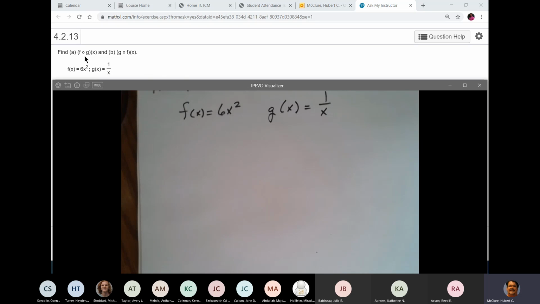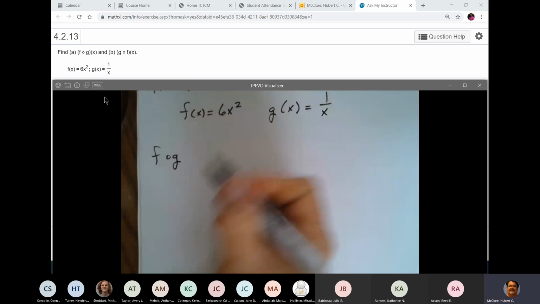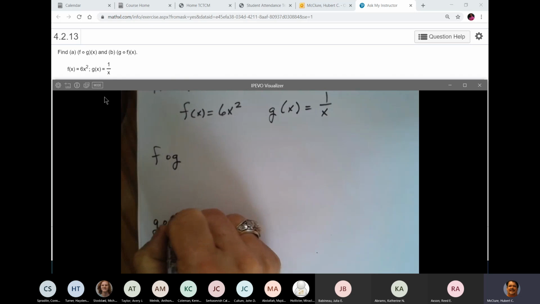And they want to know f composed of g and g composed of f.